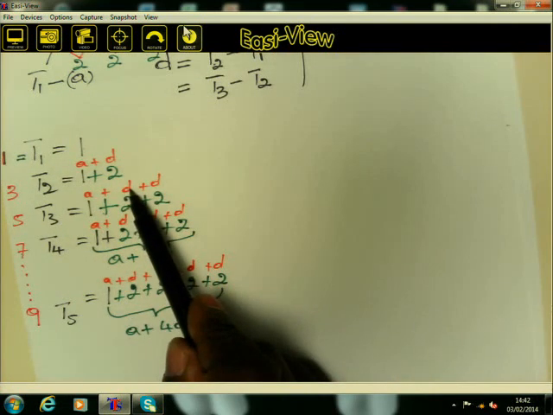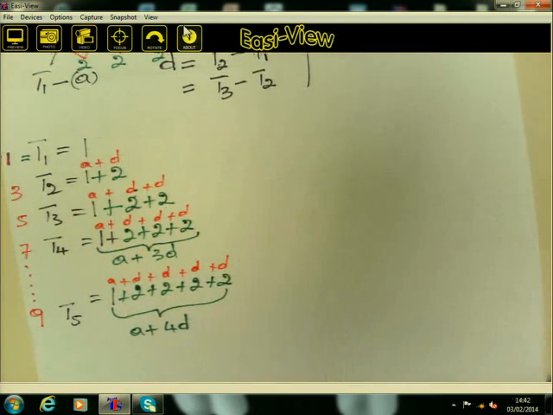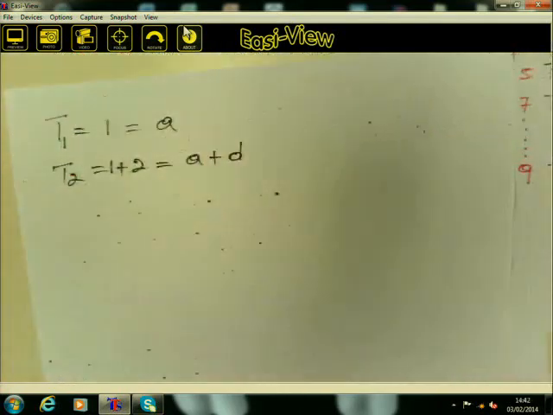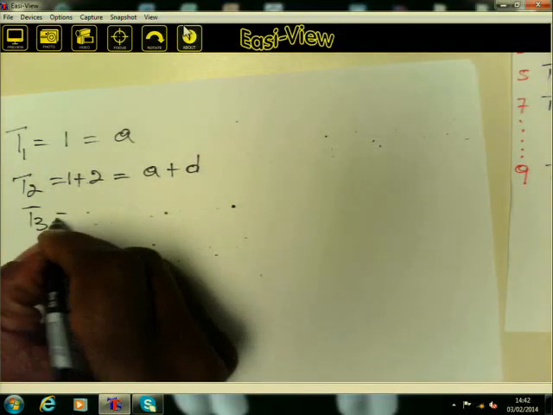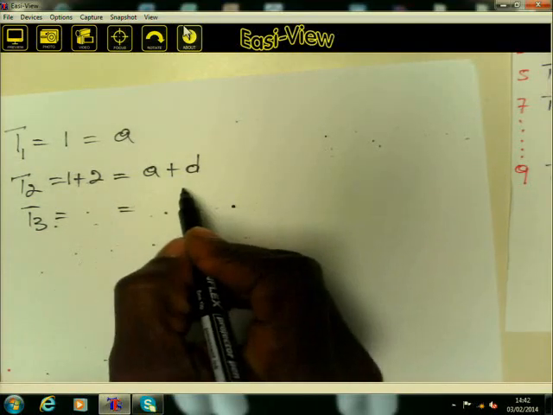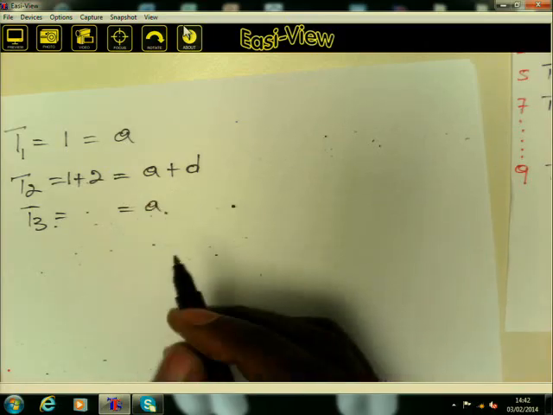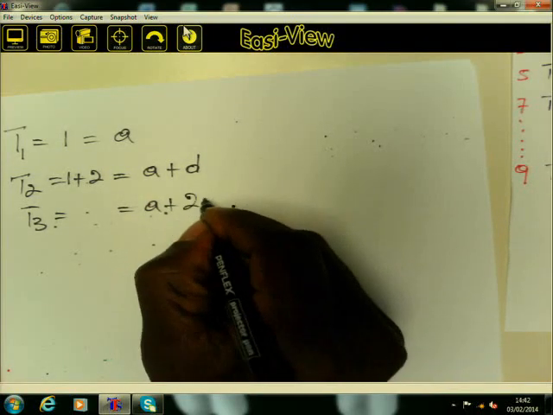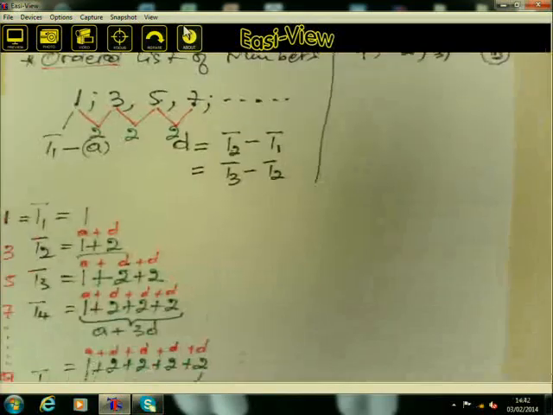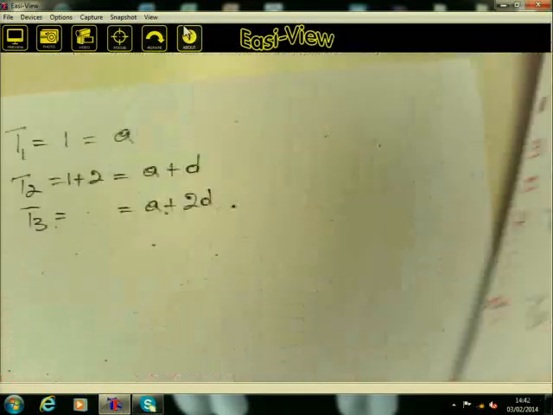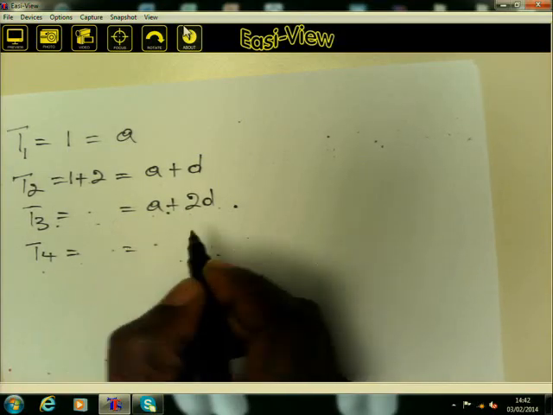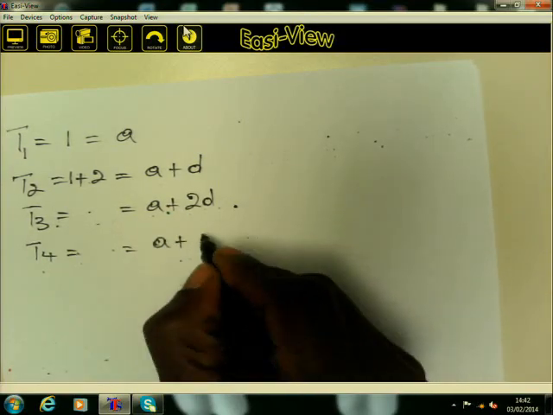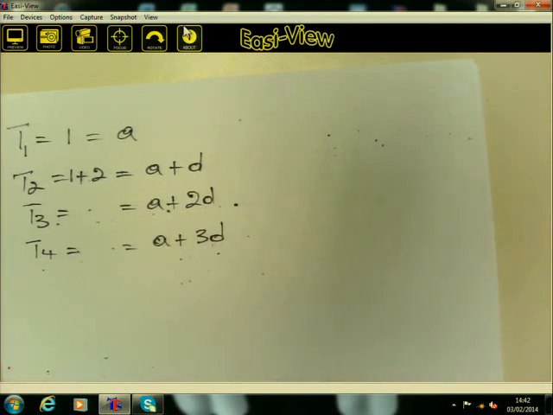Remember we said 2 is the difference and 1 is the first term. So in that case, we are going to have A plus the difference. The third term will be the first term plus the 2 differences which we had there. And then term number 4 will be nothing else but A plus the 3 differences.